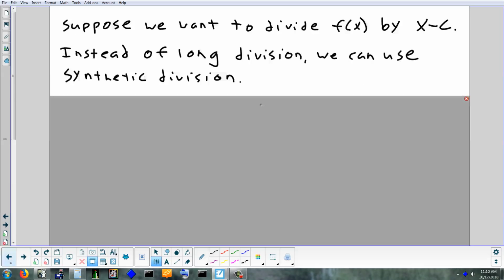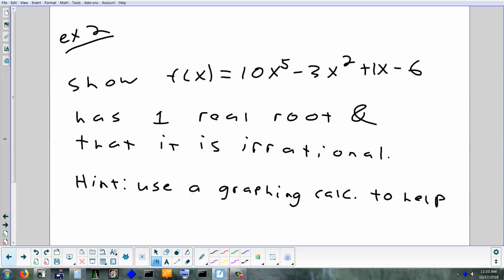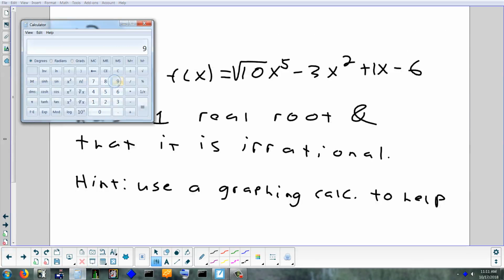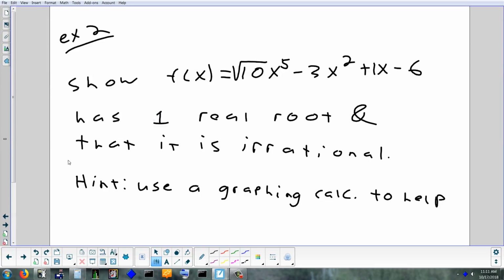No problem there. If I did something like this, now we can't use the theorem, because now you've got a number in front of x that's a square root, and it's not a nice square root. Like if it was square root of 9, that would be okay. But square root of 10, it's a number that you can't write as a fraction. So if you had a square root in front of the x, you can't do it.